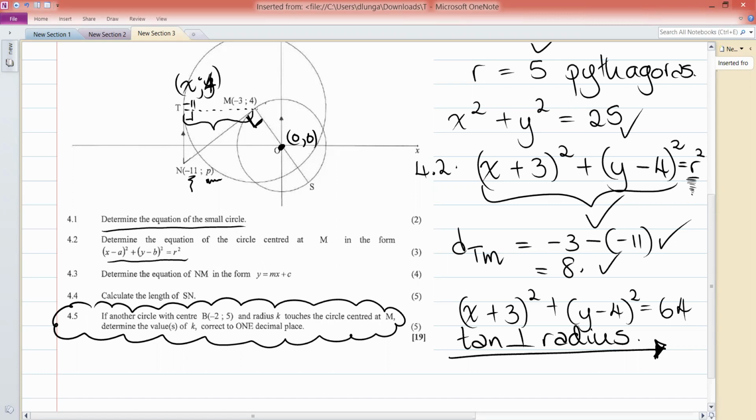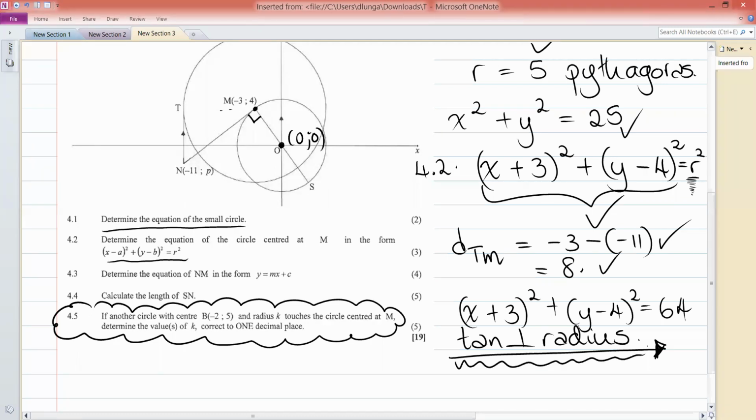Okay, so let me just erase this other stuff. Remember the tangent, they told us that you have a tangent at the point M here. The line NM is a tangent to the circle centered at the origin here. So if you have a tangent and you have a radius, you're also going to have your 90 degrees, your tangent perpendicular to radius.